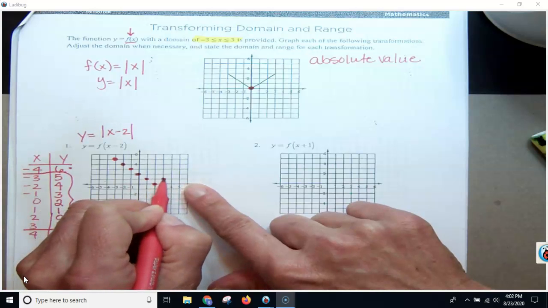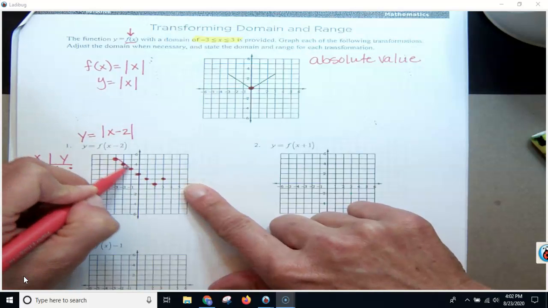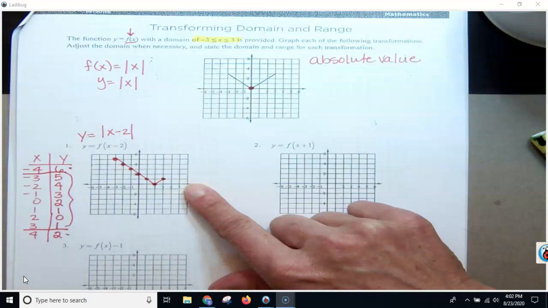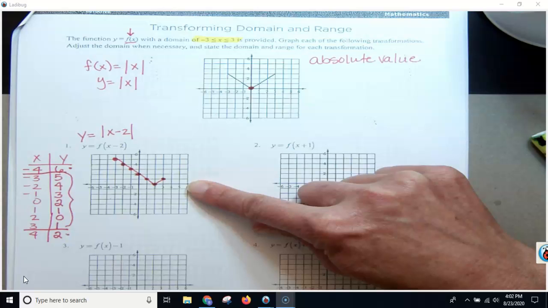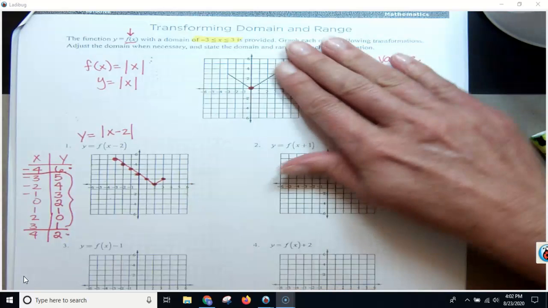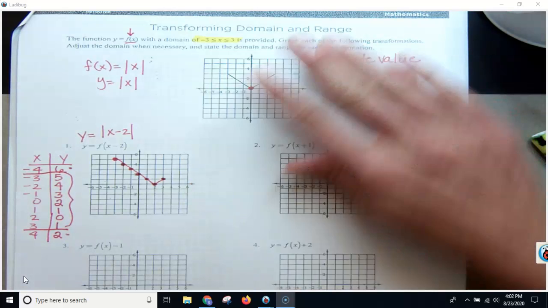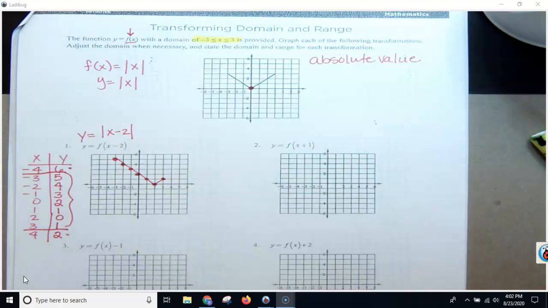And 3, 1. So my graph now goes from looking like a V to a backwards check mark because it's only including that part of it because of where the domain is.